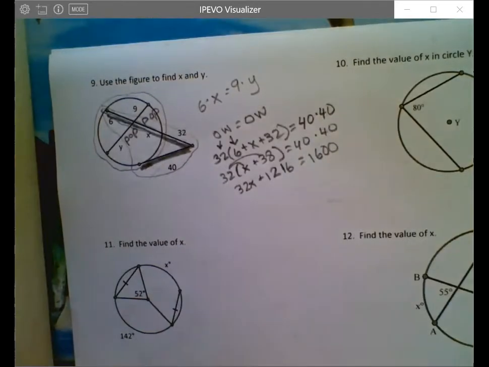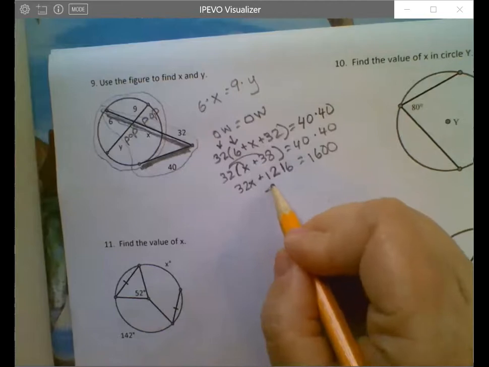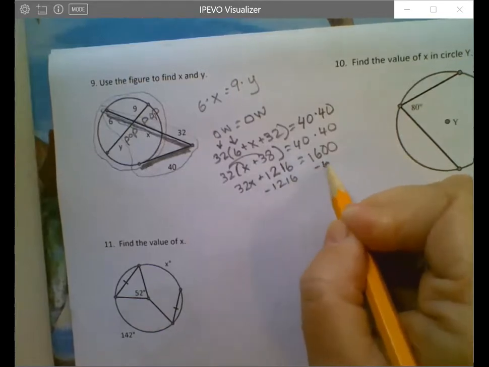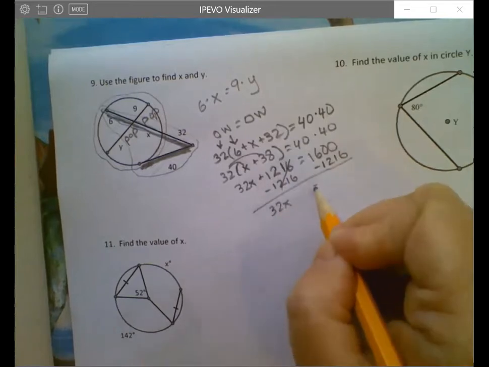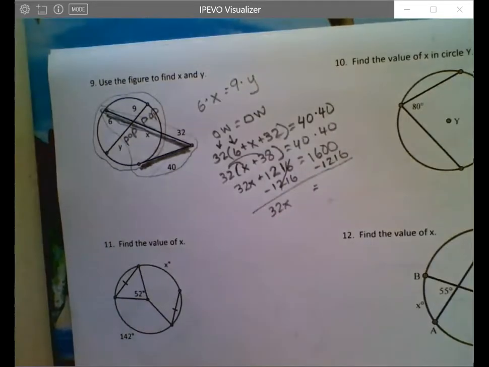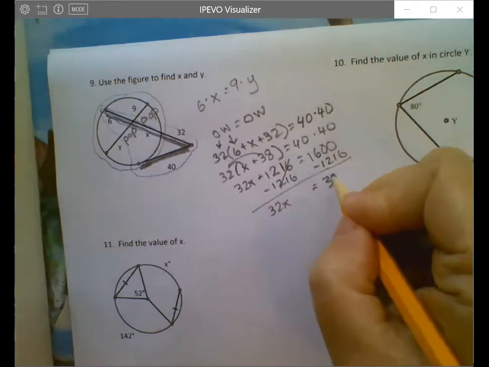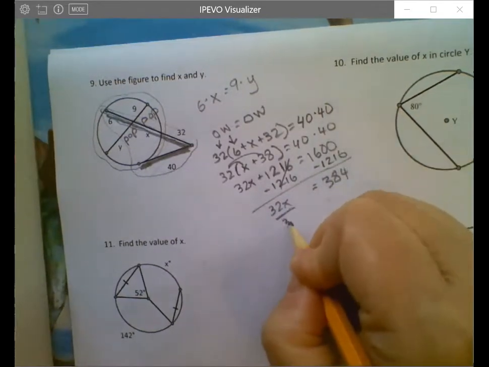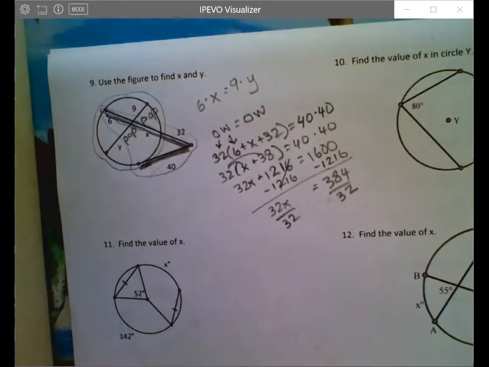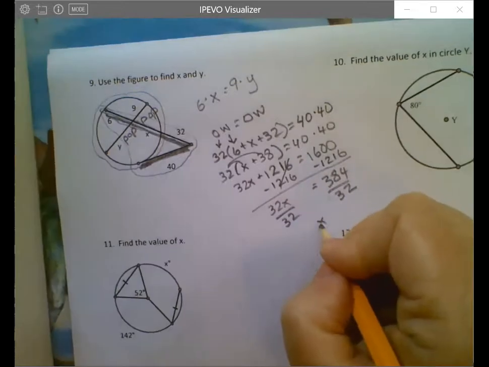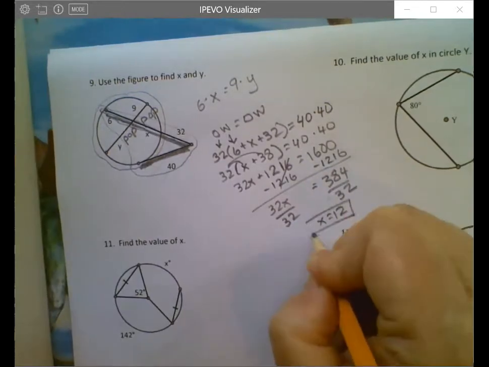I'm going to subtract this 1,216. So I get 32x equals 384. Divide by 32. And I get x equals 12. That's half of my problem.